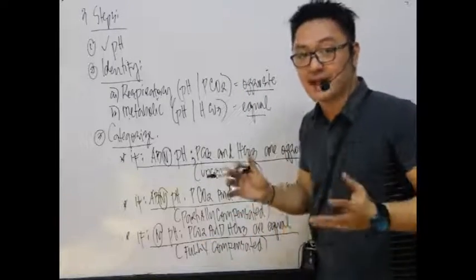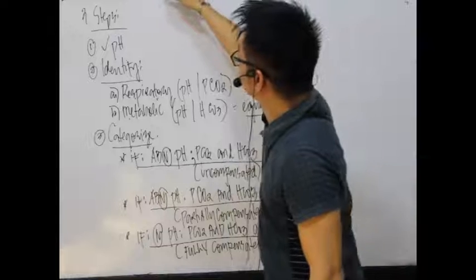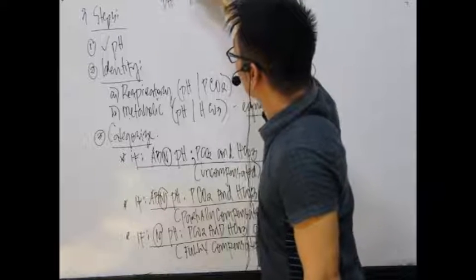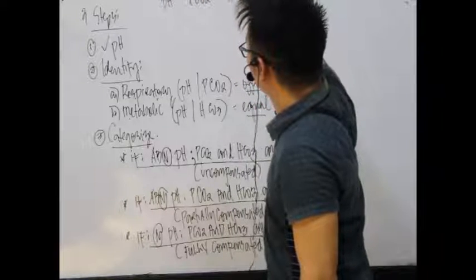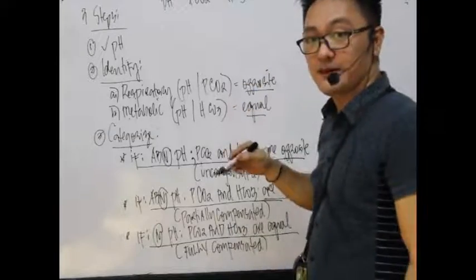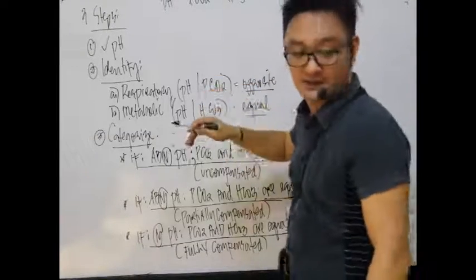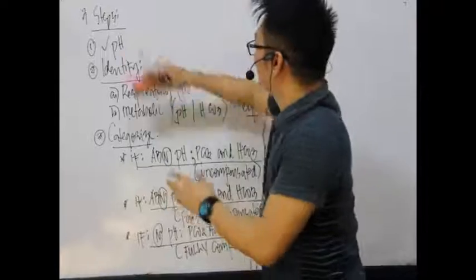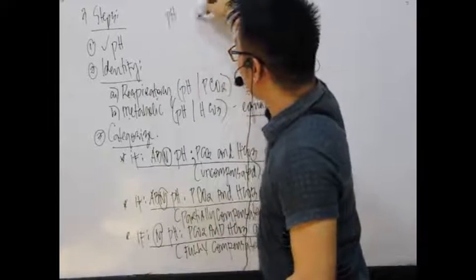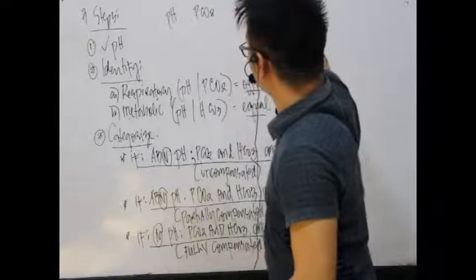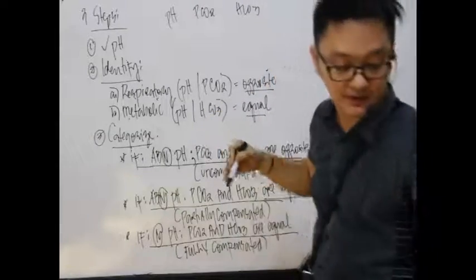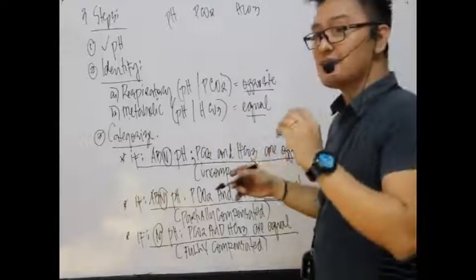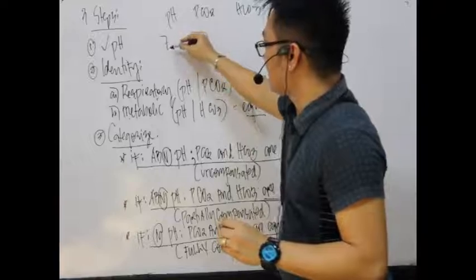Now let me give you an example. pH, PCO2, bicarbonate. There you go. So let's say that the pH is 7.50.